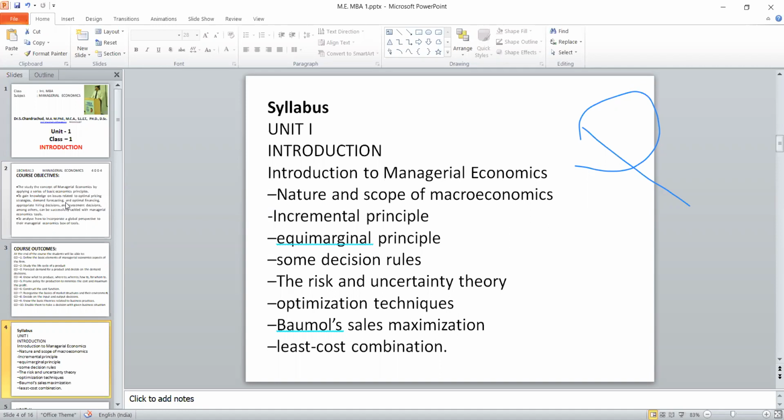For that, we have two different models called profit maximization model and sales maximization model. And finally, we should know how to have a least cost combination of factors of production. There are 4 factors of production: man, labor, capital. We should know the least cost combination. So these are all the topics included in unit 1.